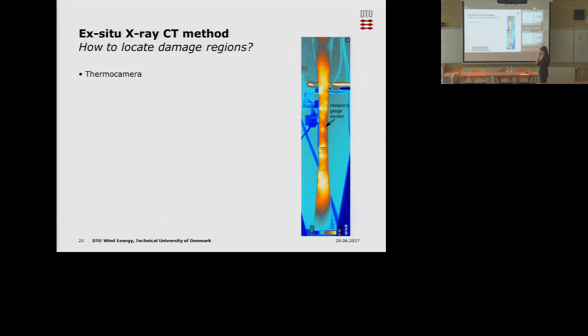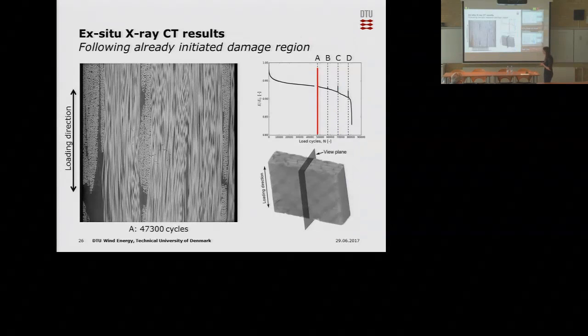So the way we did this in the beginning was to use a thermal camera to see a hotspot, and then interrupt the test and locate the damage that had already initiated by scout and zoom scan principle. So this shows the results from this study, where you can see the stiffness degradation curve here.